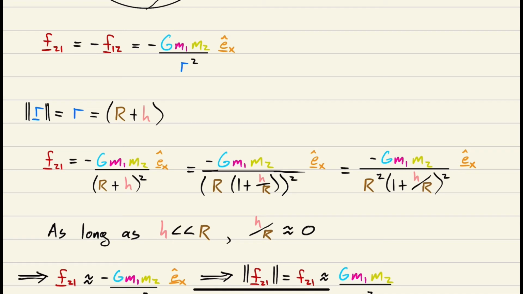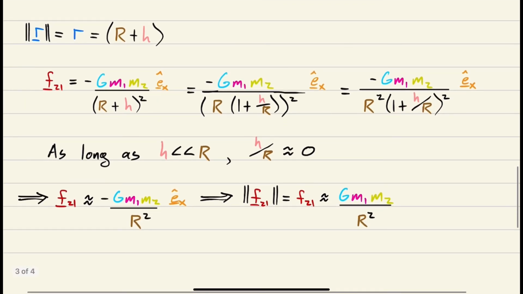And as long as h, how high above the surface of the Earth we are, is a lot smaller than R, the radius of the Earth, then this term, h over R, is going to be practically zero, right? If in the denominator you have a really big number, and in the numerator you have a really small number, it's going to be basically zero. So that kills this term. So all we're left with in the denominator is just R squared.